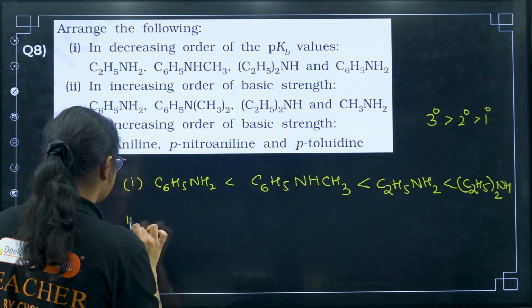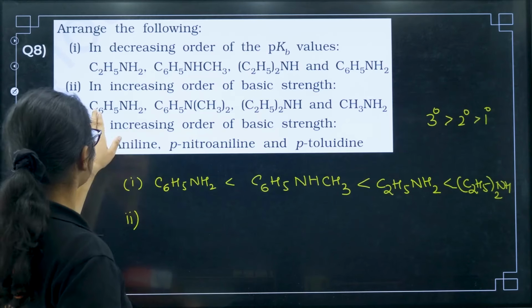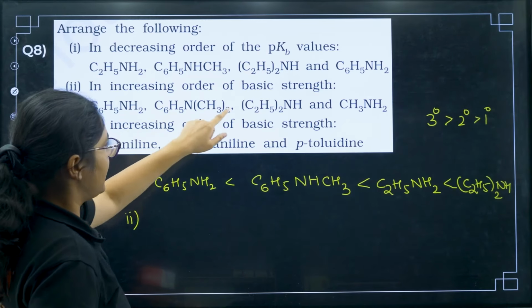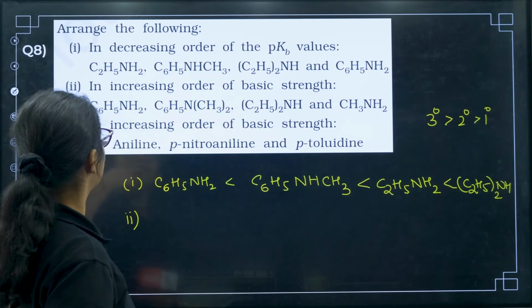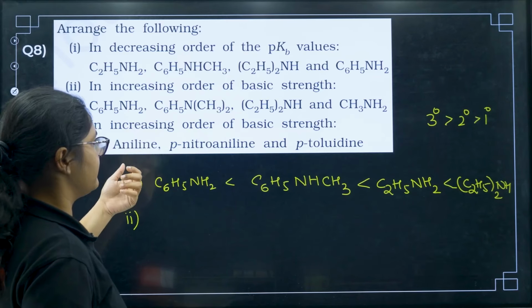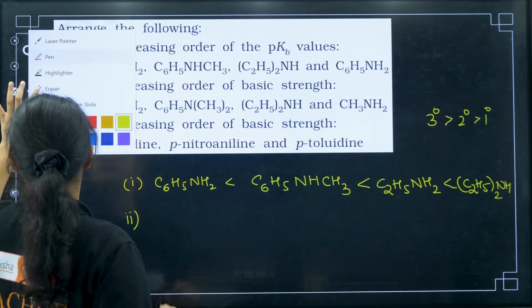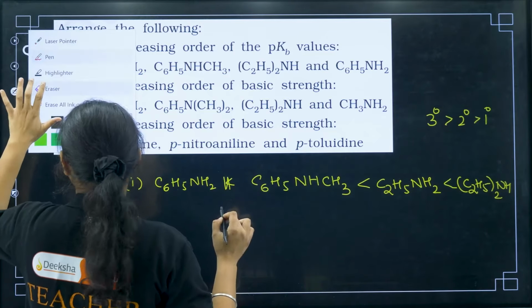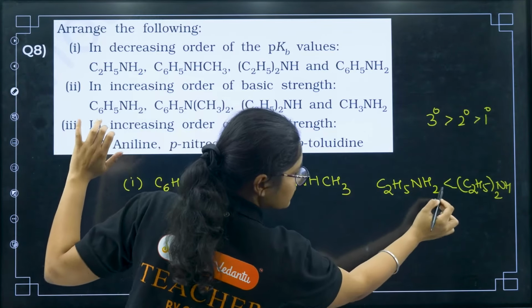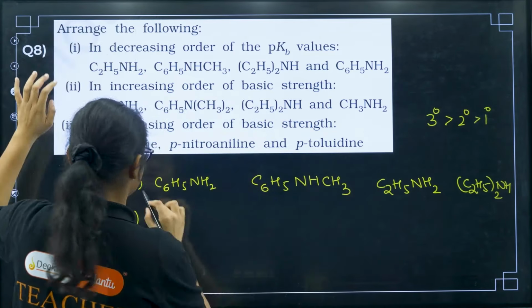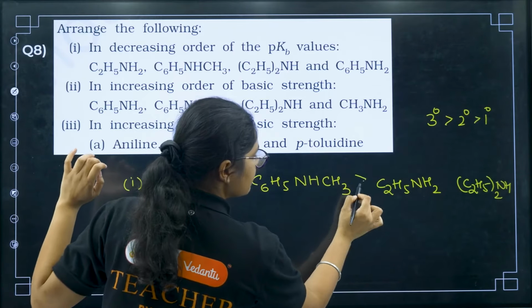Okay. Next if I see here, again I can find a C6H5. One second. Here it is asking the decreasing order of pKb, so the sign will change. Okay, so this one is the least basic, it will have the highest pKb value.